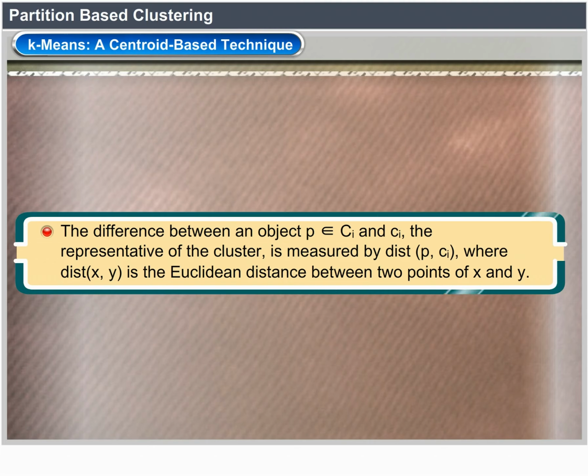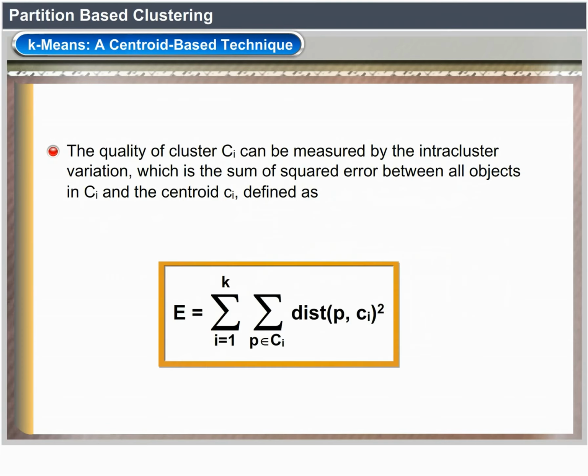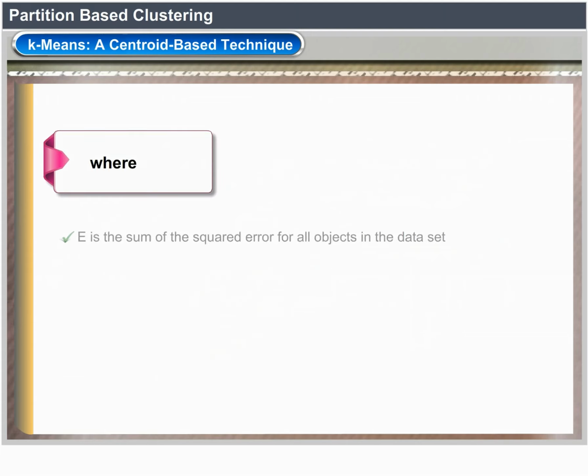The quality of cluster Ci can be measured by within-cluster variation, which is the sum of squared error between all objects in Ci and the centroid ci, defined as E equals double summation i equals 1 to k, p belongs to Ci, dist(p, ci) whole squared, where E is the sum of the squared error for all objects in the dataset, p is a point in space representing a given object, and ci is the centroid of cluster Ci.